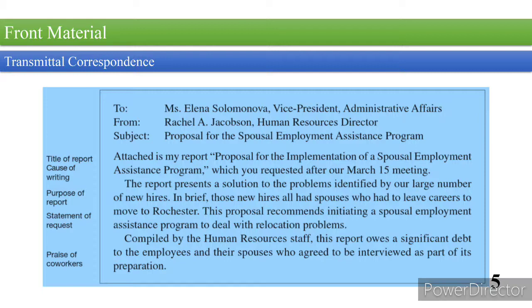So official correspondence is always between office and office. It isn't person to person correspondence. It is generally office to office correspondence. So this is the example of the transmittal correspondence.